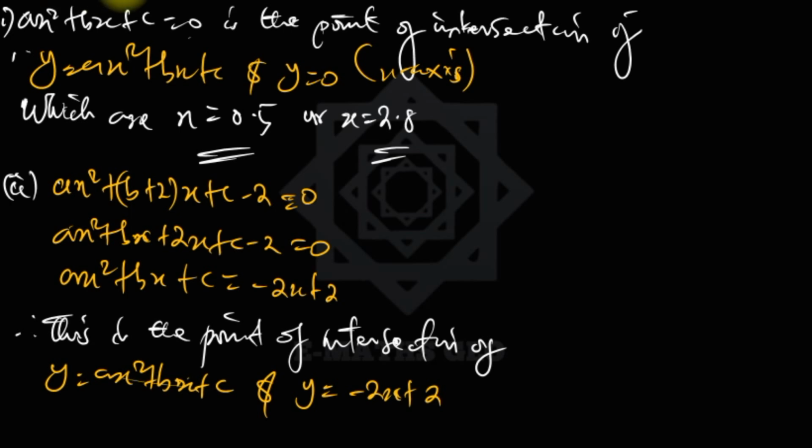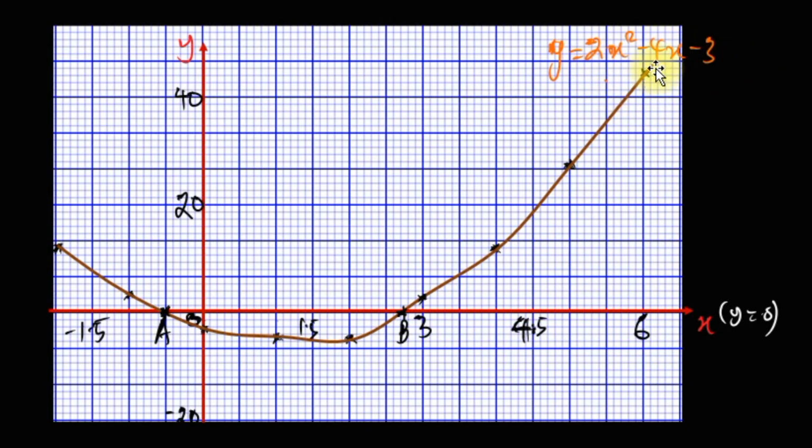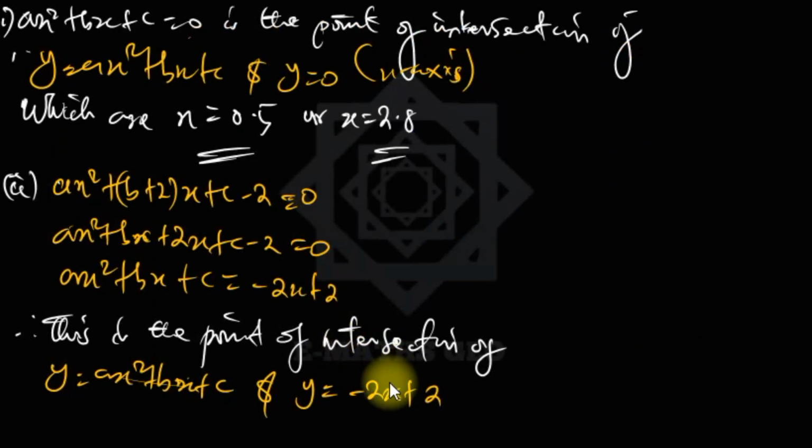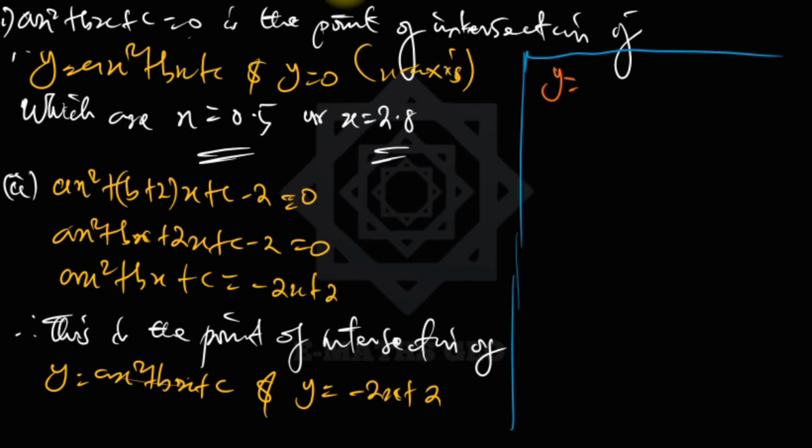But we need to graph. As you can see, the graph of ax squared plus bx plus c is this curve. So we need to draw the graph of y equals minus 2x plus 2, and this is a slant line. So let's draw the line, and to get a particular line, you need only 2 points.